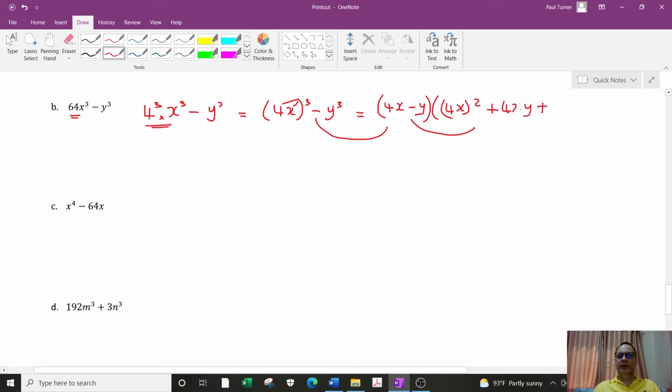And then the last term squared, so that will be y squared. So we got 4x minus y as the first factor. Then we got 16x squared plus 4xy plus y squared as the last term there. Okay, so these are your two factors.